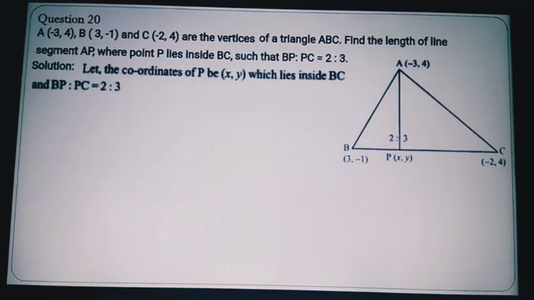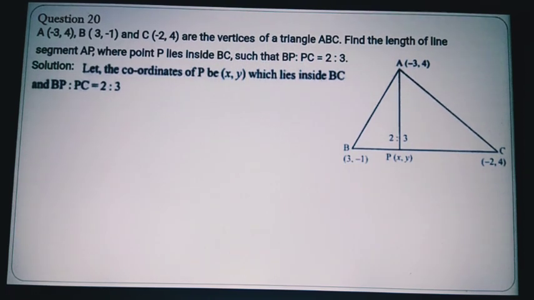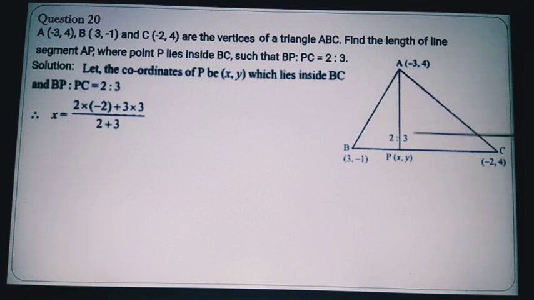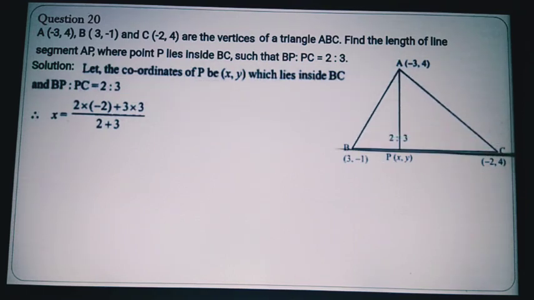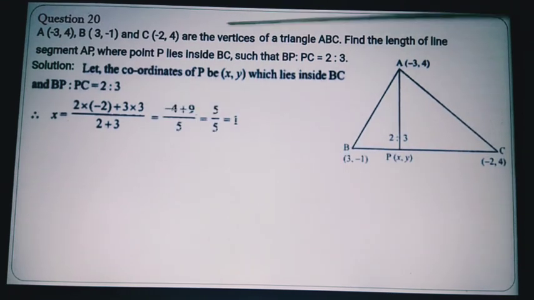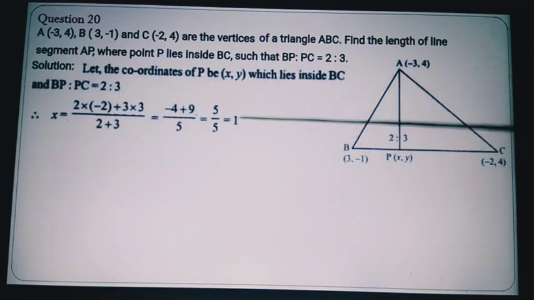Using the section formula, I can say that x will be equal to m1 x2, that is 2 into minus 2, plus m2 x1, that is 3 into 3, divided by m1 plus m2, that is 2 plus 3. When you simplify this, you will get 1. So x is equal to 1.